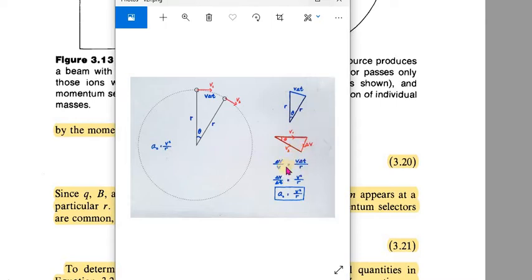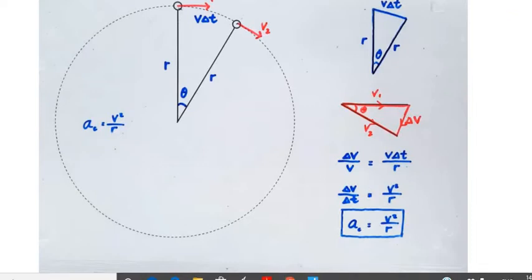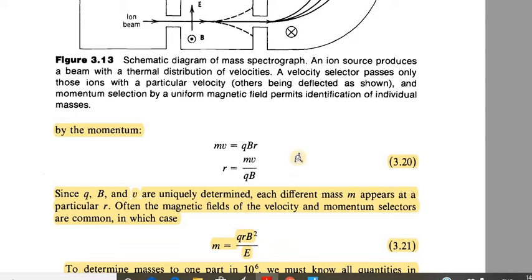By rearranging, you can write delta v by delta t equal to v square by r. From that, the instantaneous acceleration is equal to v square by r. And we'll come back to this equation.